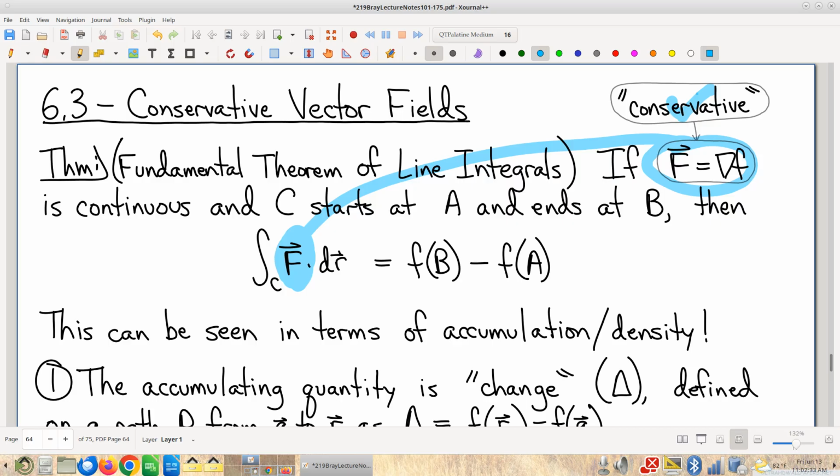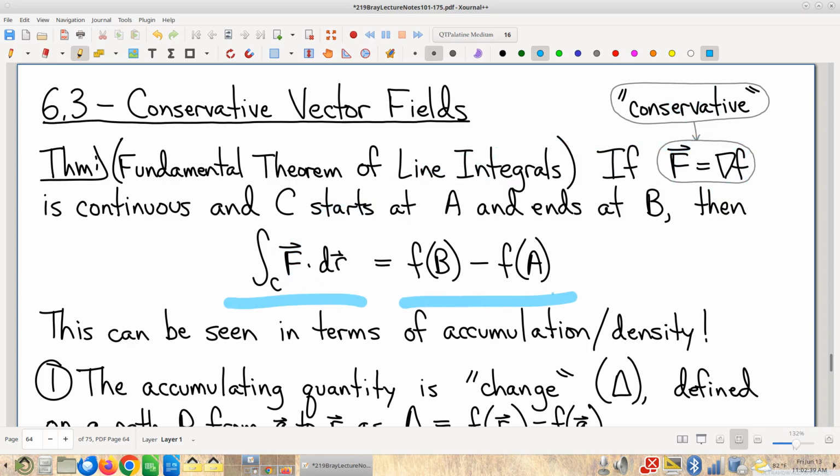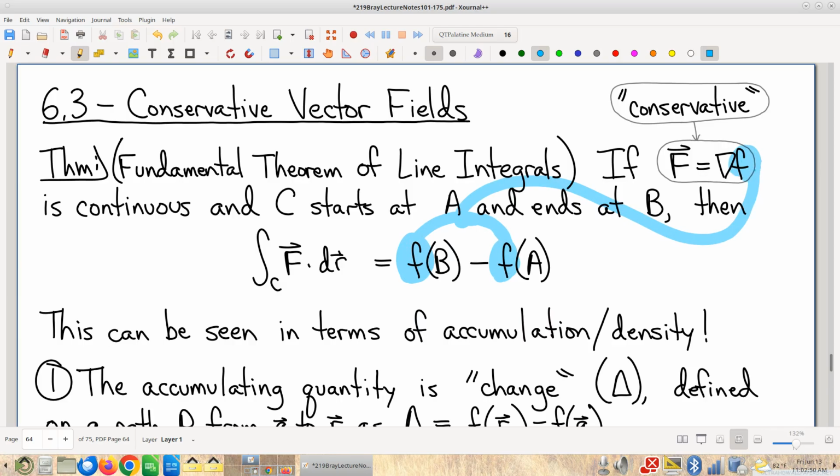Anyway, if you have a gradient field, then a line integral is computed by how much some other function f changes. Specifically, that function being the function whose gradient you were looking at. So it's kind of like the fundamental theorem of calculus. It's almost like it's saying the integral of a derivative is the original function. Lots and lots of the same earmarks.